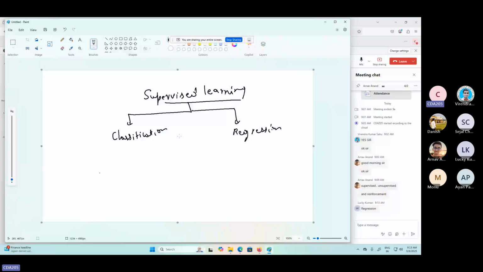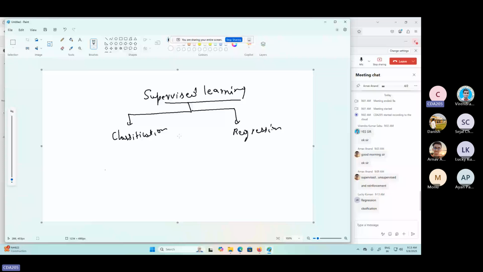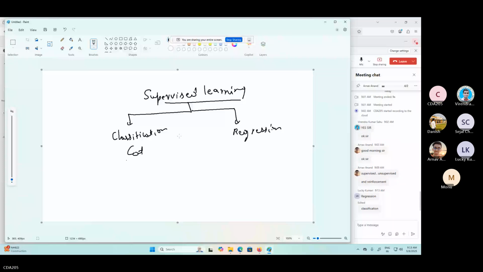When we talk about classification, it should be categorical data, meaning yes or no. When we talk about regression, it should be continuous data. This is the main difference between classification and regression.